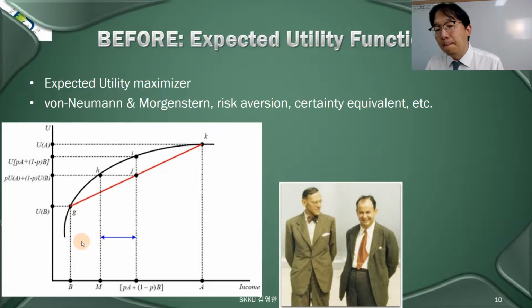If you are extremely risk averse, it will be close to this one, from here to there. If you are less risk averse, it will be very tiny. Even if you are risk neutral, there will be no difference, so the certainty equivalent will be identical to this J point. If you are risk seeking, on the other hand, it will expand in the negative direction.